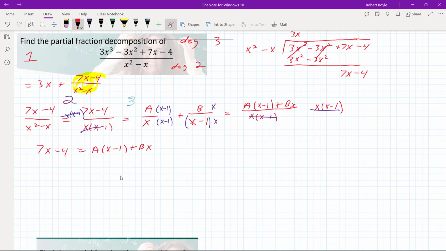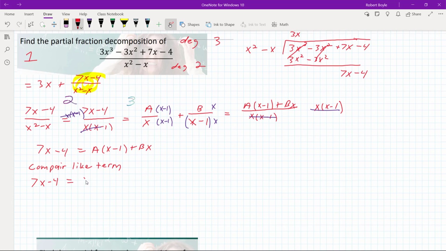Okay, now there's a couple approaches that you can use. The first approach is you can compare like terms. The way you would do that is you would expand the right-hand side and basically collect all the like terms. And if you did, you would have 7x minus 4 is equal to ax plus bx minus a.